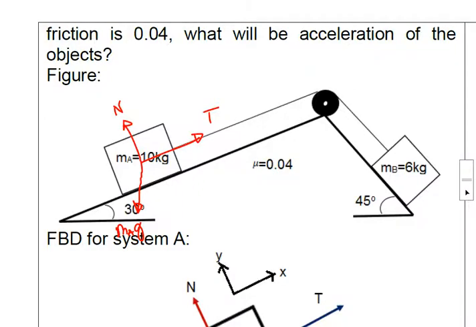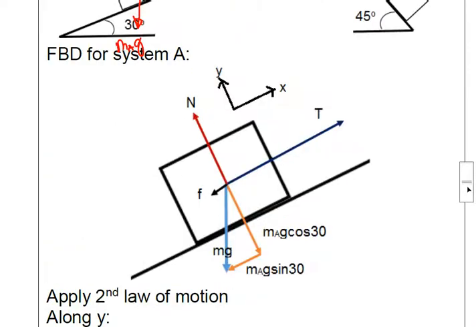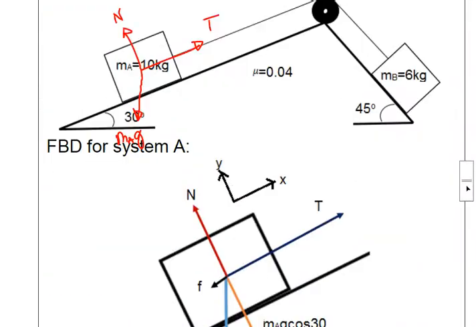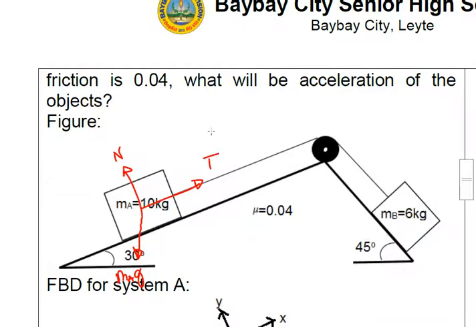I think in this case, the assumption of the acceleration is going upwards for A. So the direction of acceleration assumed in this problem is in this direction. If this one goes upward, meaning this one goes downward.